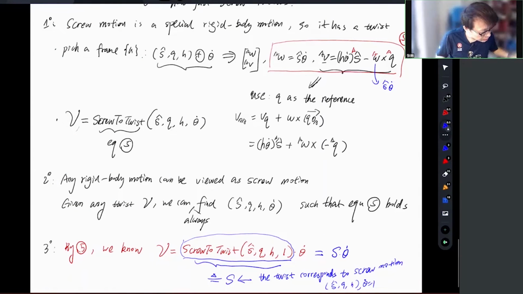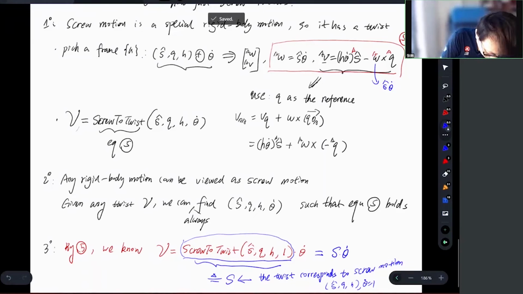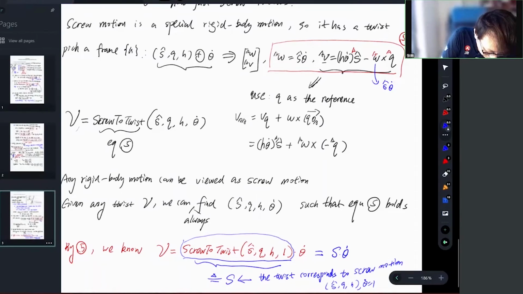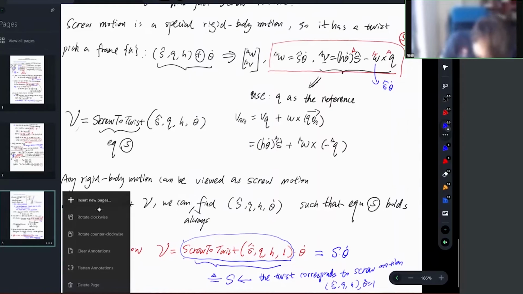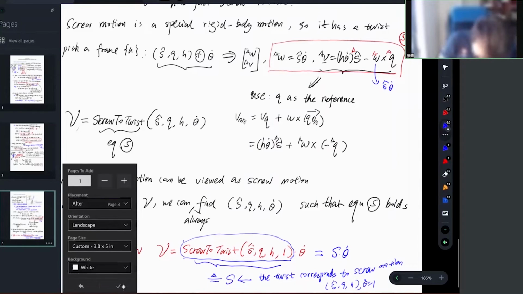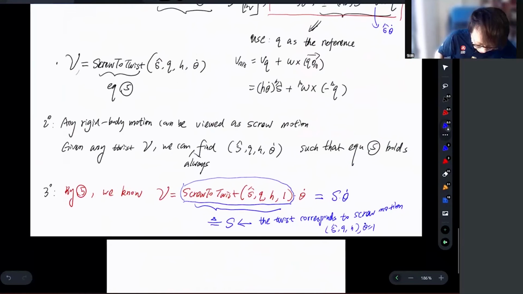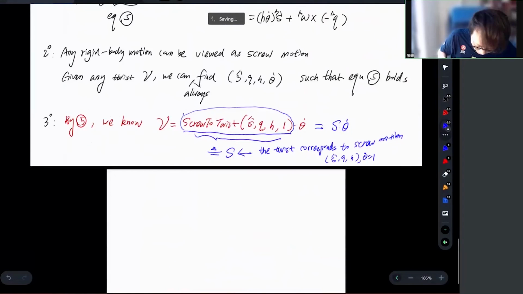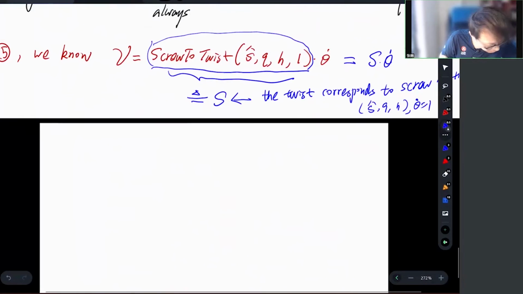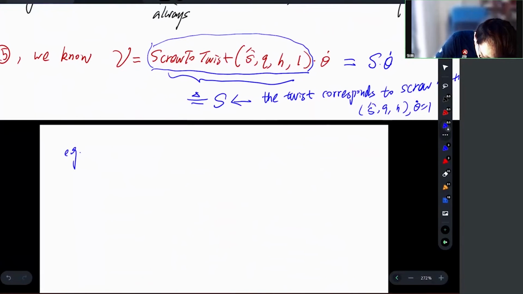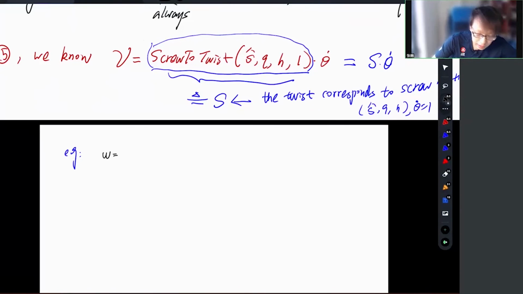So in this case, let me make some analogy. I'll take a break after I finish this part. Let me give an example or make an analogy. We typically write an angular velocity as omega hat times theta dot, where omega hat is the rotation axis.